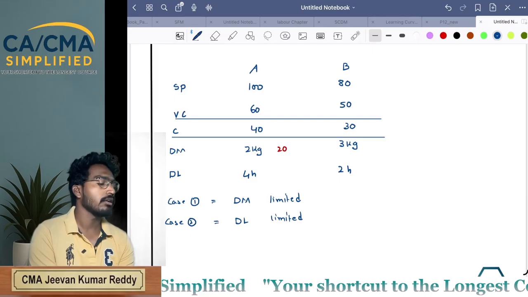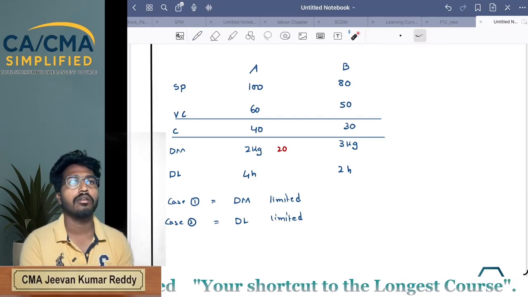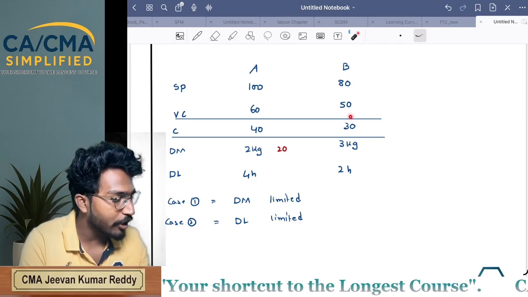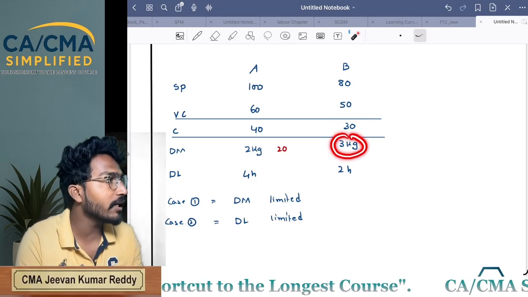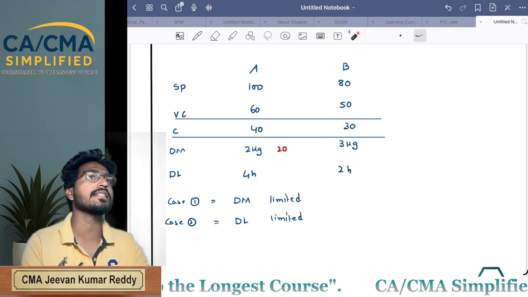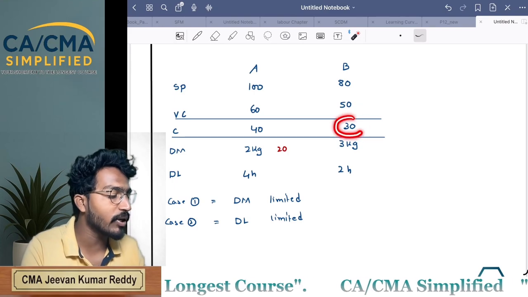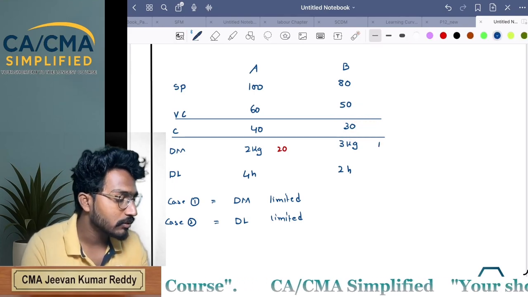Am I clear? Next, for B, contribution is 30 rupees and you are consuming 3 kgs of raw material. That means by consuming 3 kgs of raw material, you are getting 30 rupees. Per kg it is 10 rupees.